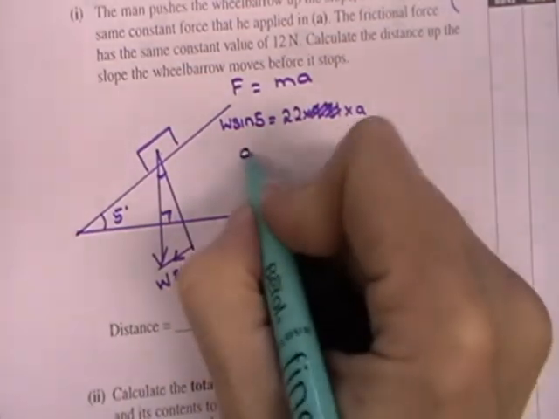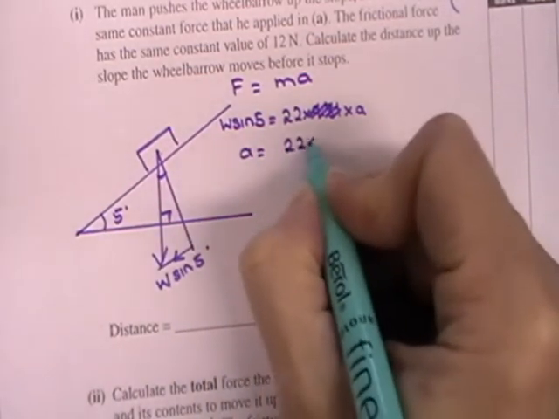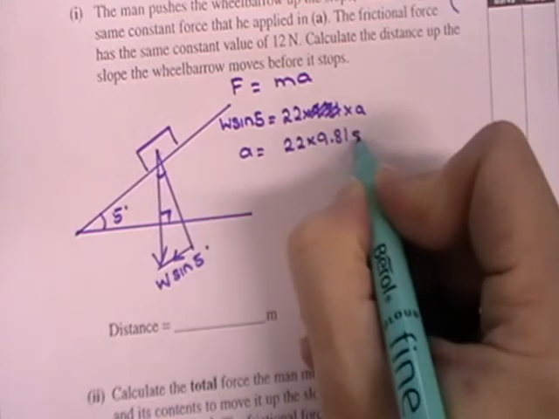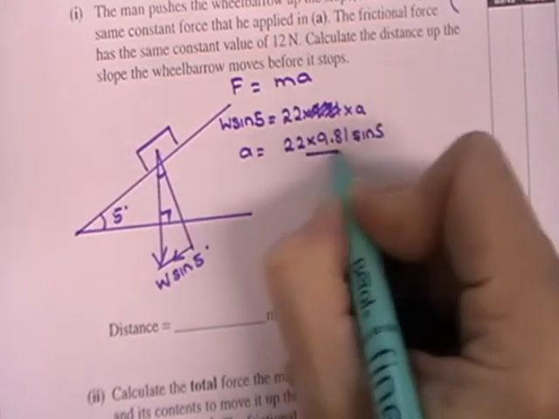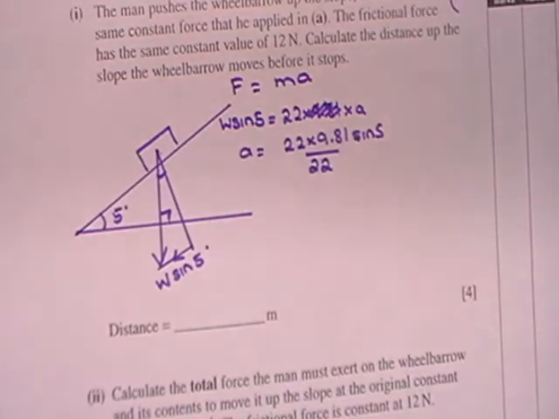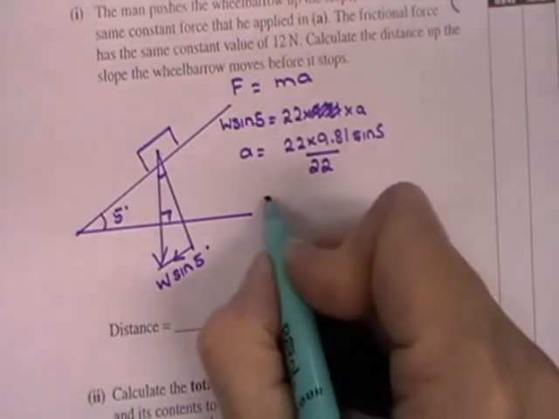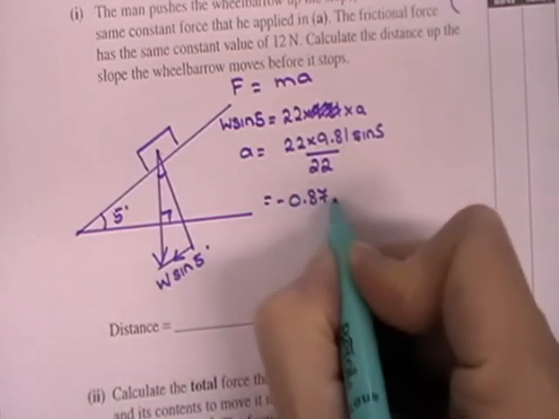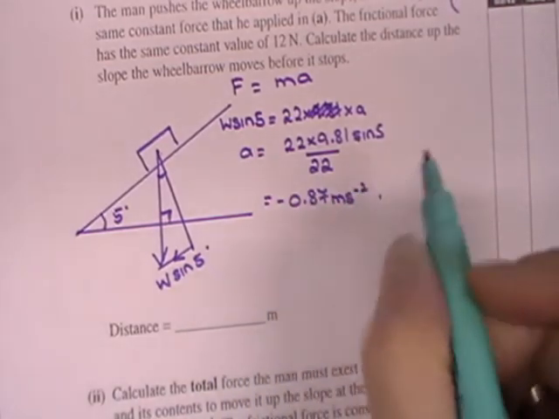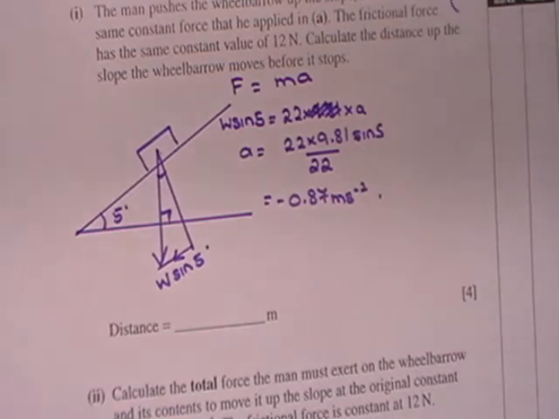And so therefore a is going to be equal to 22 times 9.81 times the sine of 5 divided by 22. So it's just 9.81 times the sine of 5. And that gives you minus 0.87. So that's the deceleration.